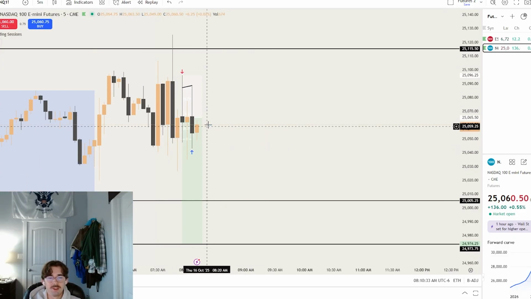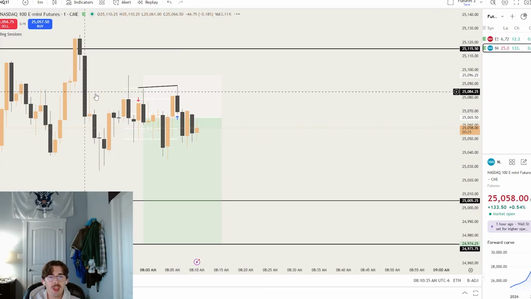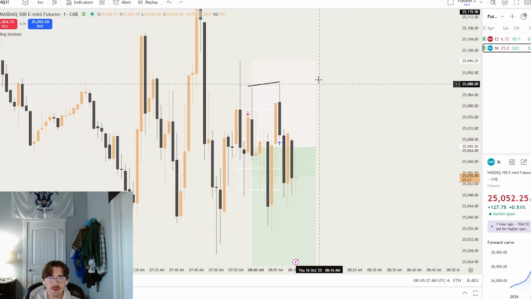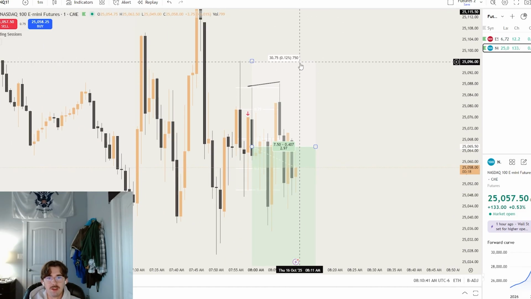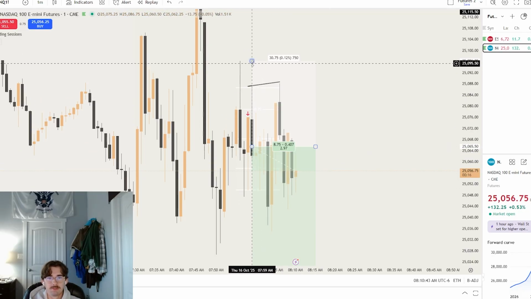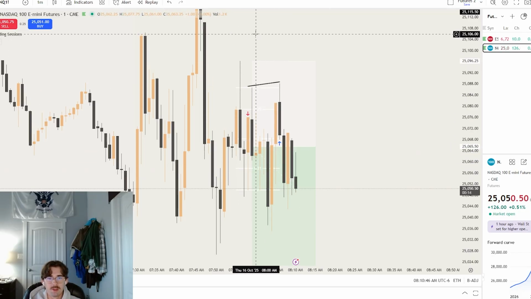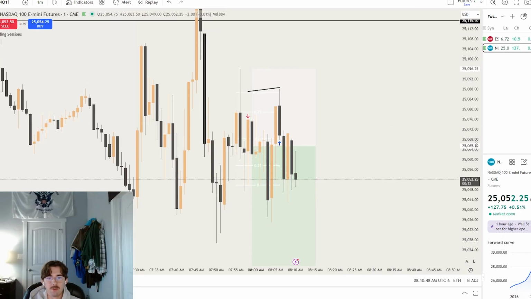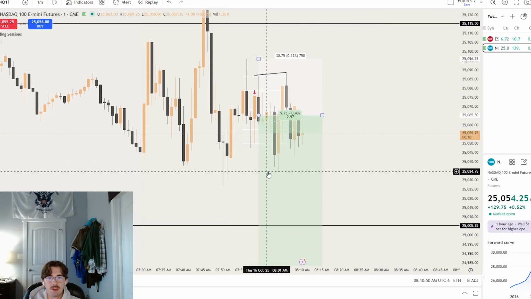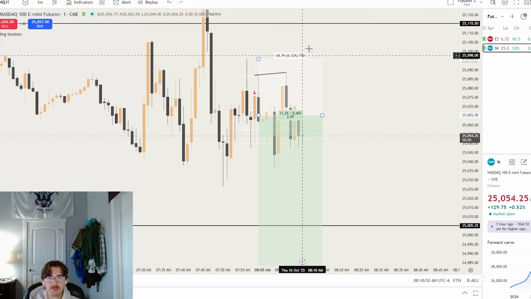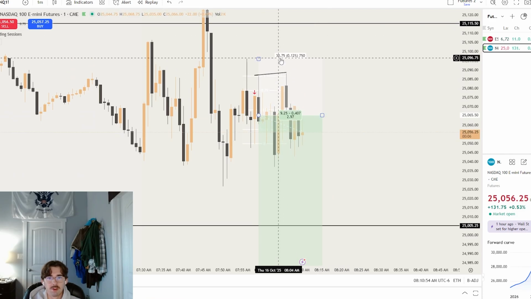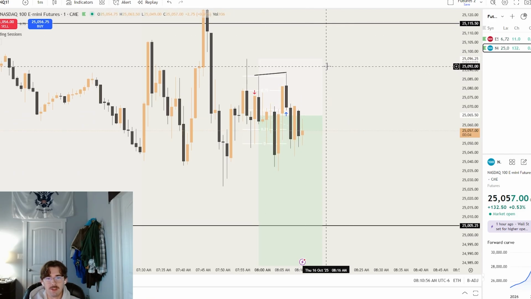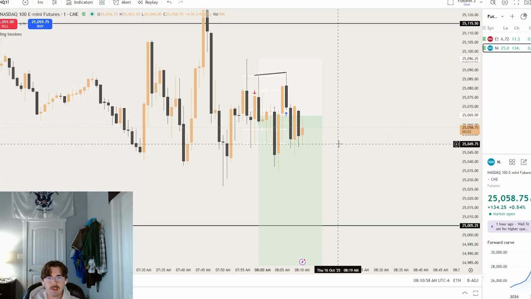Because this was a great setup. I'm not totally mad at myself for setting my stop where I set it, although I understand why I should not have done it. I was really just protecting, but I think it just came a little bit too early, especially with these candles that just pushed up. I get it with the SMT.